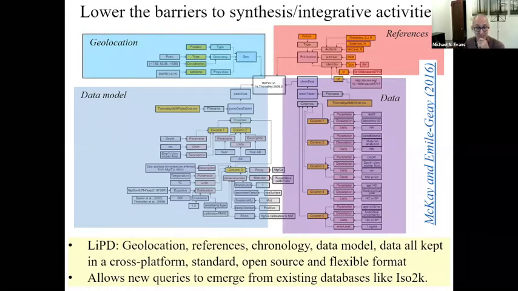And this is really beautiful because this platform is cross-platform, it's standardized, it's open source, it's flexible around the varieties of paleoclimate data. And I think Nick McKay and others are working on making this as accessible to PAGES members as possible. So we can not only make the data and its metadata available for really intelligent use, but also make that data available to others, again, under the FAIR principles.